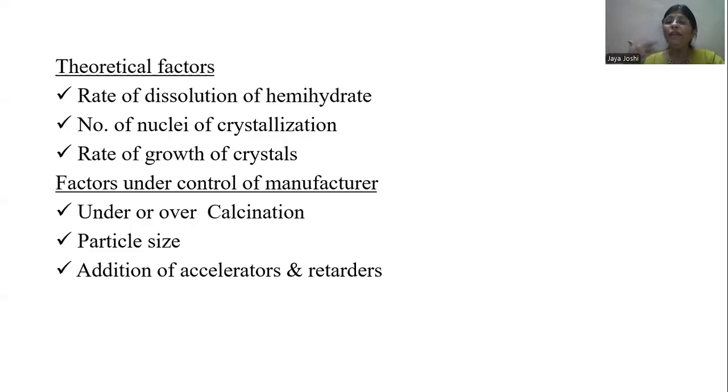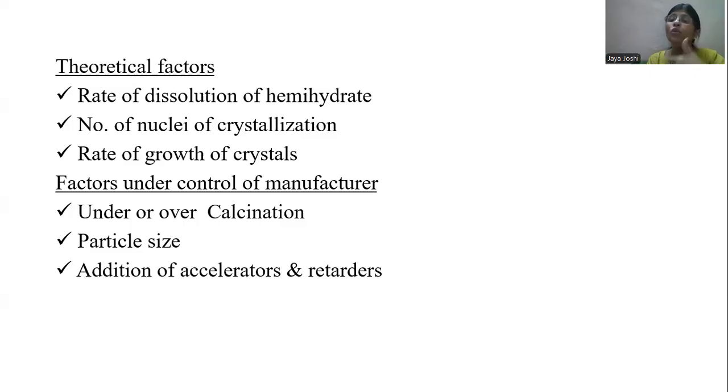Now, when we say overcalcination, that means the temperature is going beyond 130. As we have seen in the heating cycle, if the temperature goes beyond 130 but below 200 degrees centigrade, then we get particles of hexagonal anhydrite, which is the soluble type of anhydrite. It increases the rate of reaction because it is a soluble type, and decreases the setting time.